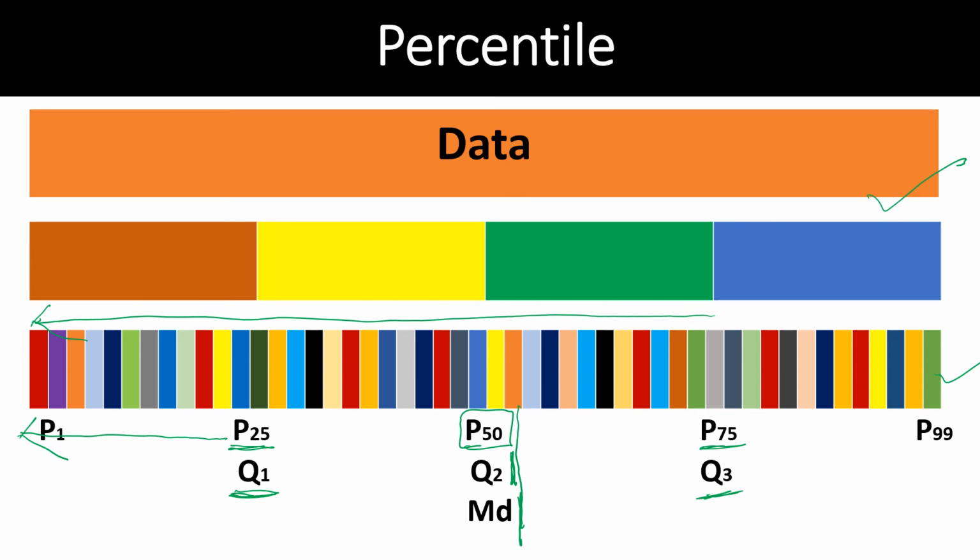That means if a student got 70 percentile, that means 70% students scored below that student and 30% students scored above that student. 70 percentage is different and 70 percentile is different. I hope you understand this.